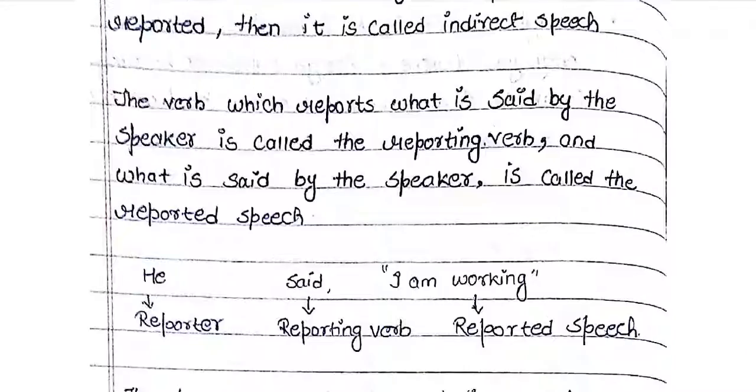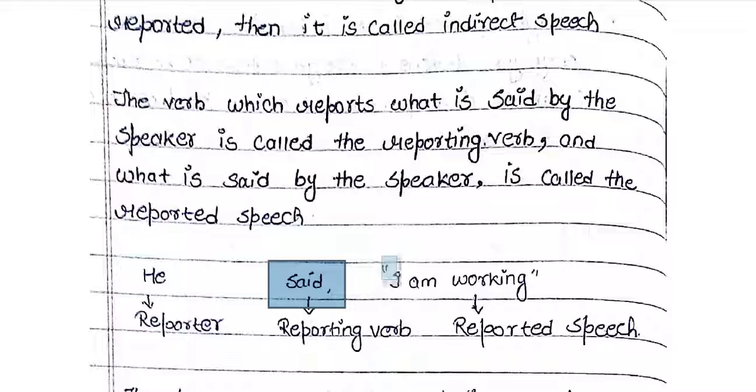Now coming to some technical terms, the verb which reports what is said by the speaker is called the reporting verb. And what is said by the speaker is called the reported speech. So, for example, in this sentence, this verb is the reporting verb, as it is reporting what is said by the person.